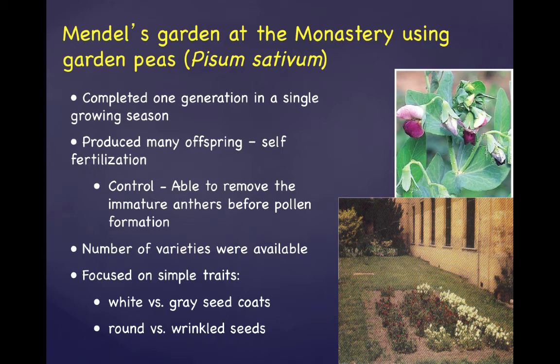He was able to remove immature anthers before pollination could take place. Peas were also a good model because quite a few varieties were available, which allowed him to study how different traits were inherited from one generation to the next.